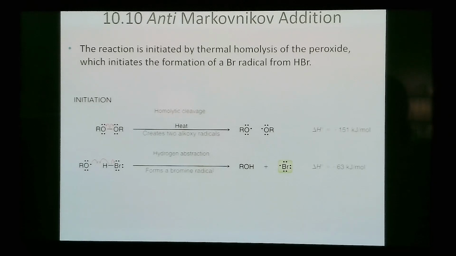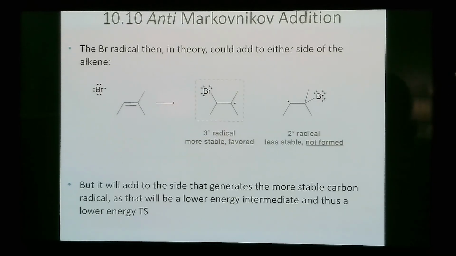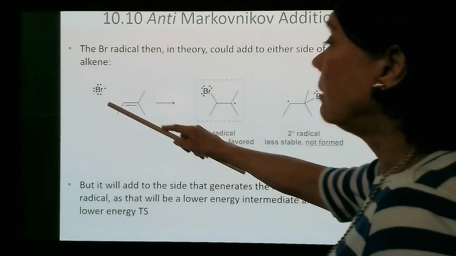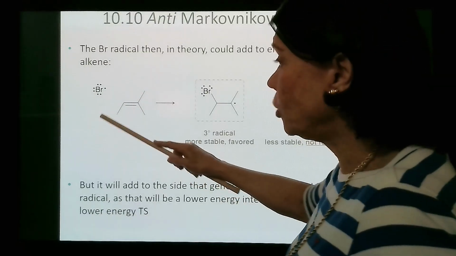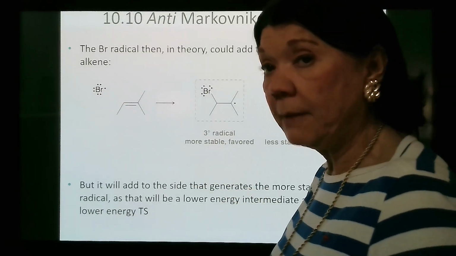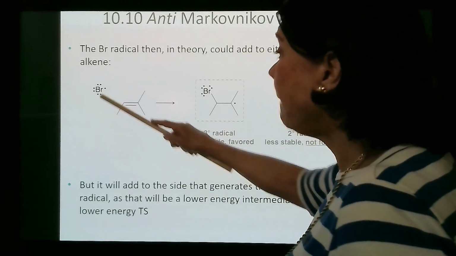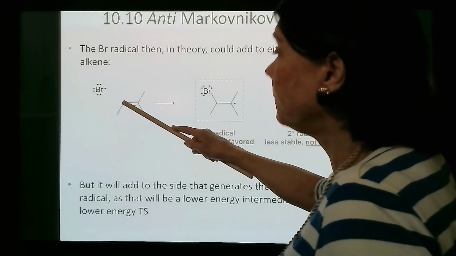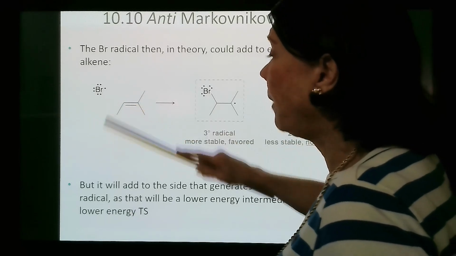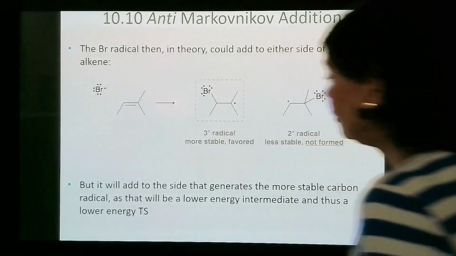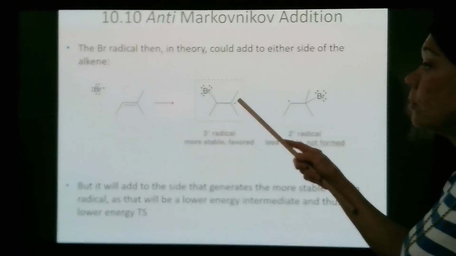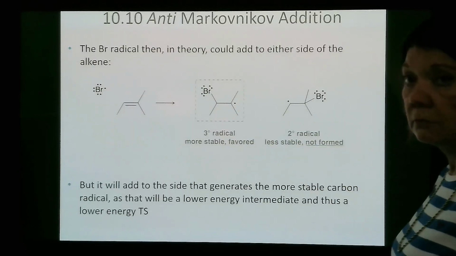Now let's go to the actual propagation steps. So now we don't have H+ coming in to attack. We have Br dot coming in to attack. This is a radical addition. And what happens is the Br dot becomes attached to the double bond in a manner such that you generate the more stable radical.